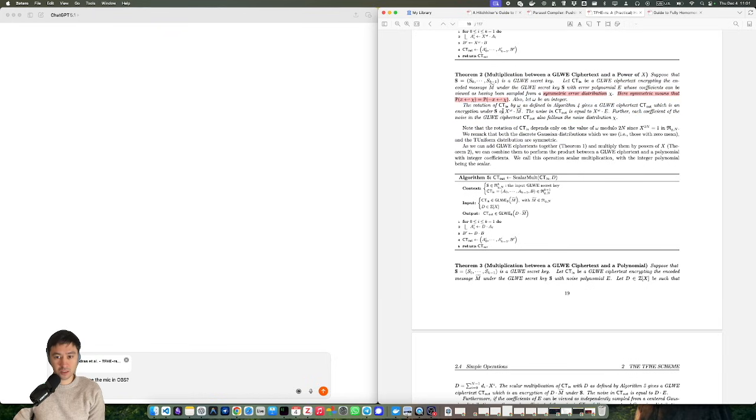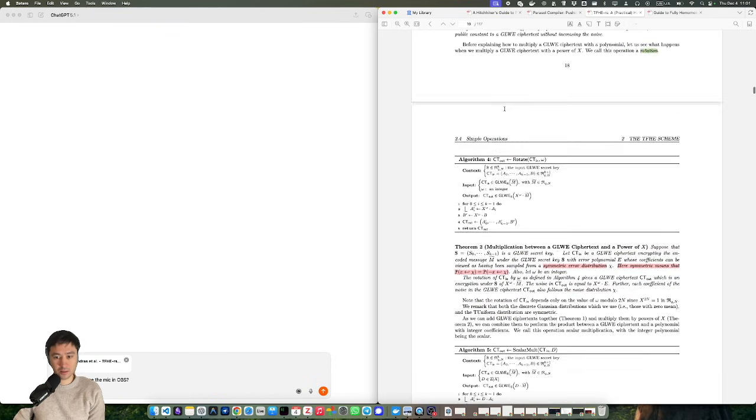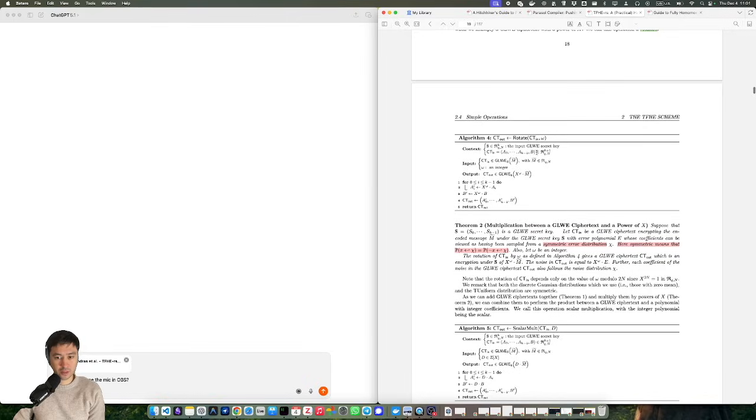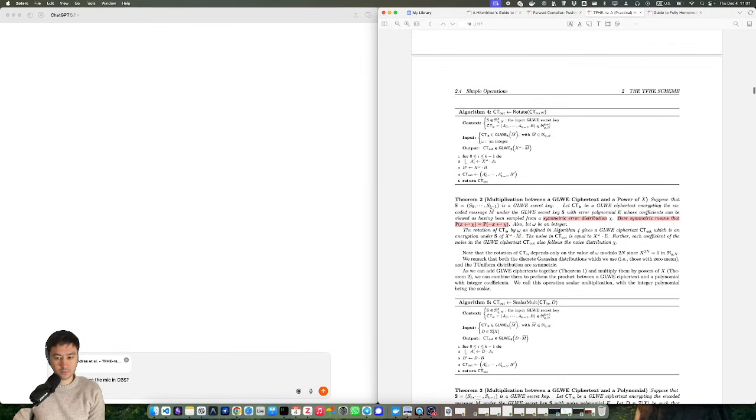The rotation of CT as the first ciphertext. So that's what I was saying earlier.